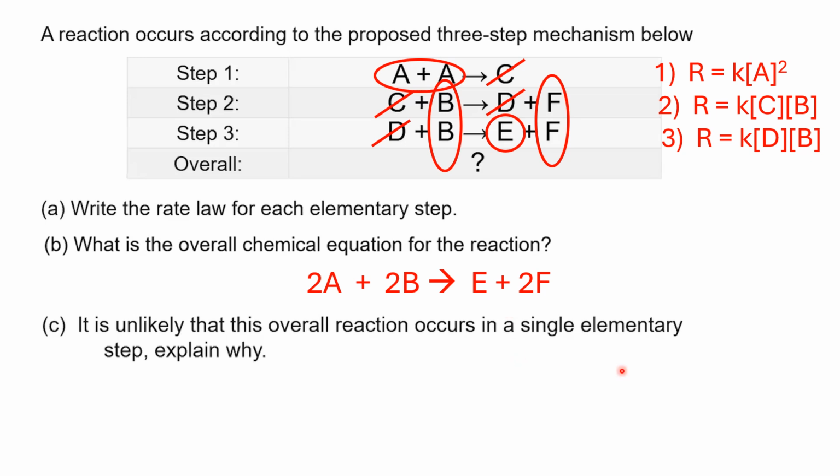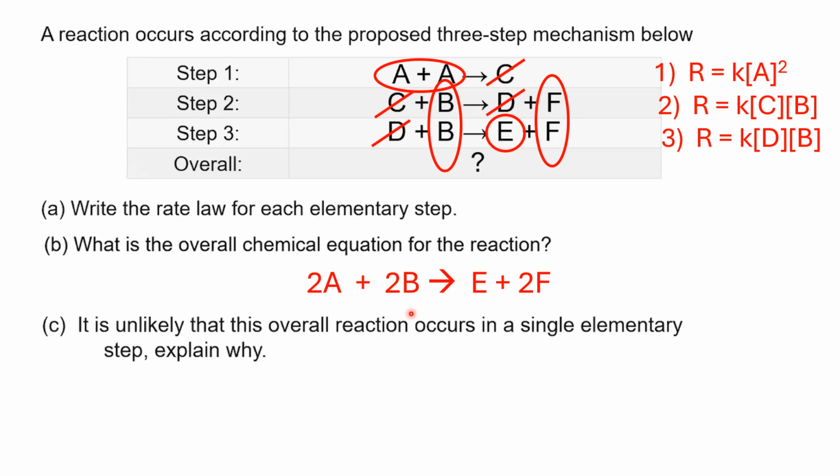And then the next question is, it's unlikely that this overall reaction occurs in a single elementary step. Explain why. And so conceptually, all we're trying to say here is, okay, if I just saw this overall reaction on paper, would you expect this reaction to be likely to occur as a single step?